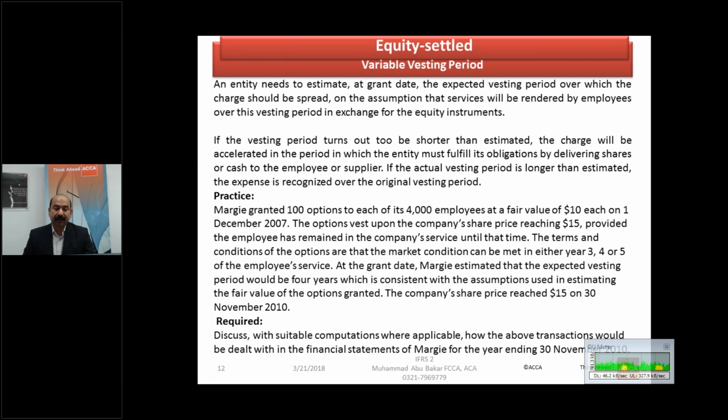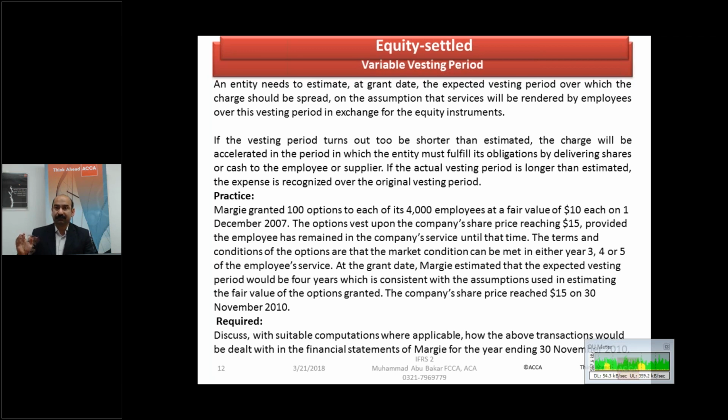At the grant date, Margie estimated that the expected vesting period would be 4 years. What does it mean? At the grant date, Margie estimated that the share price of $15, which is the vesting condition, will meet over a period of 4 years. But in fact, what happened, which is consistent with the assumption used in estimating the fair value of the option granted, the company's share price reached $15 on 30th November 2010, when it was granted on 1st December 2007.